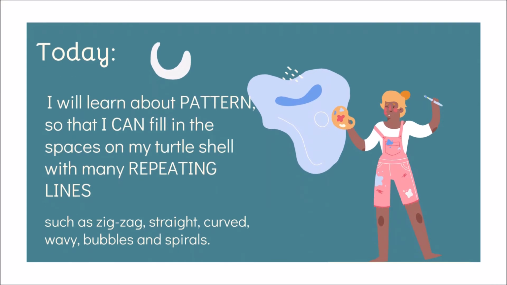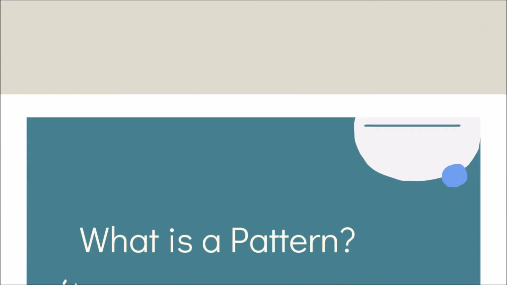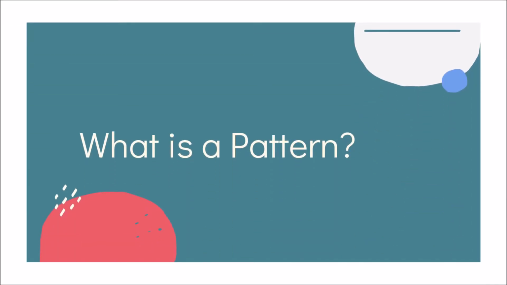So today we're going to learn about pattern, so we can fill in the spaces of our turtle with many repeating lines. Lines that we mentioned earlier, like zigzag lines, or straight lines, or curved lines, or spiral lines, as long as they repeat. So, what is a pattern?